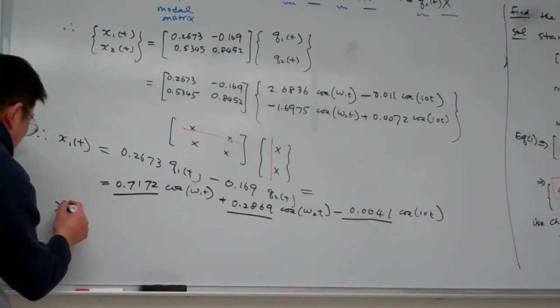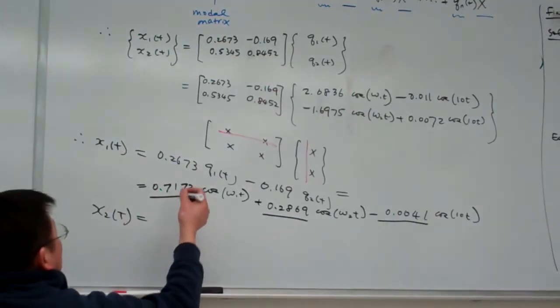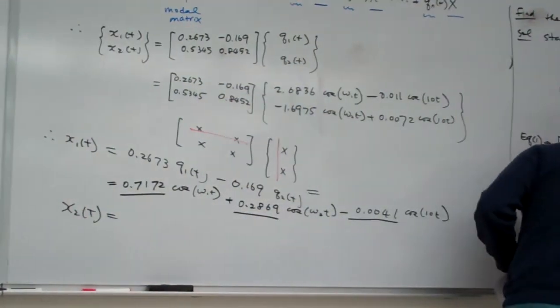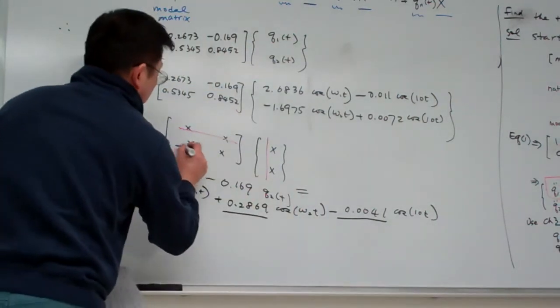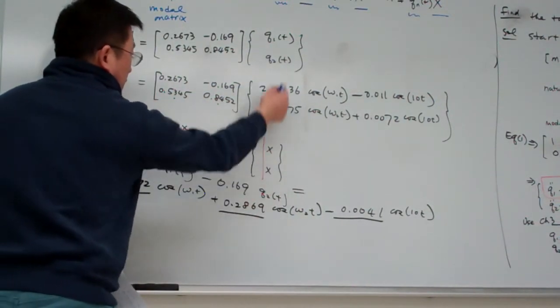Then you can repeat for x2(t). Again, x2(t) is the implementation of the second row, this number and this number multiplied with this one.